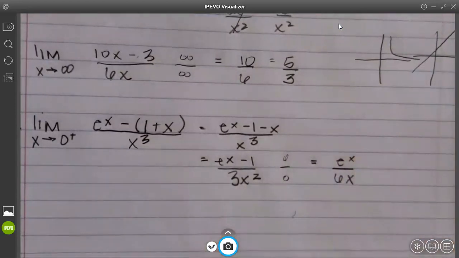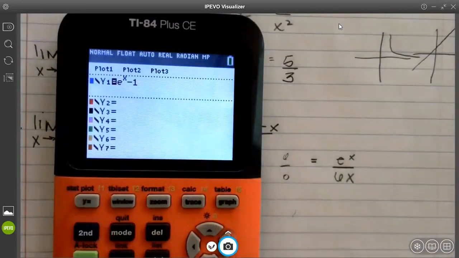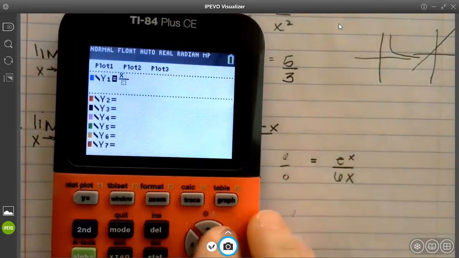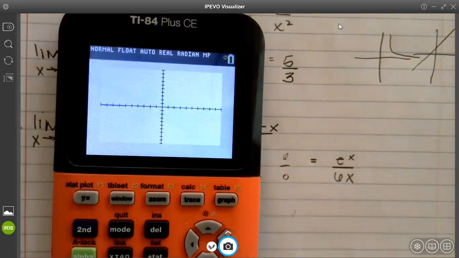And then what's happening here as we go 0 to the right? So this graph is a little bit misleading.